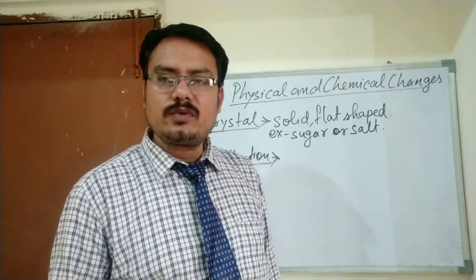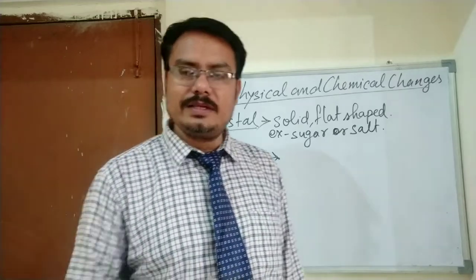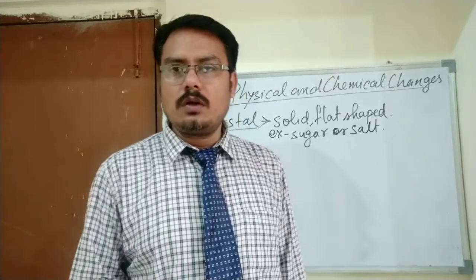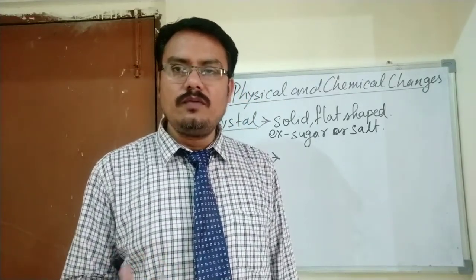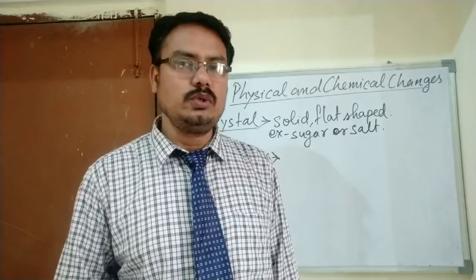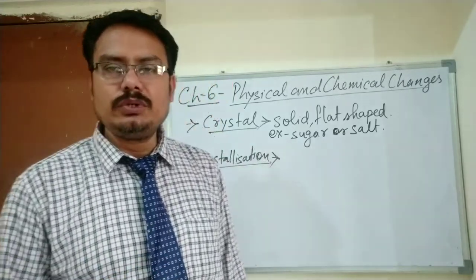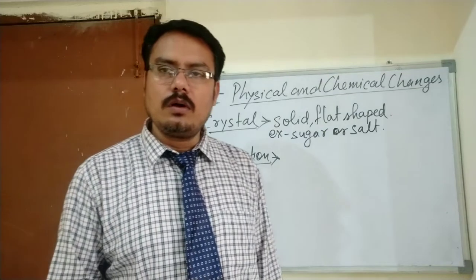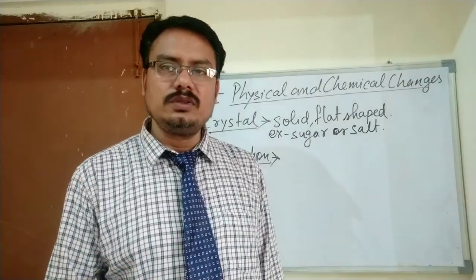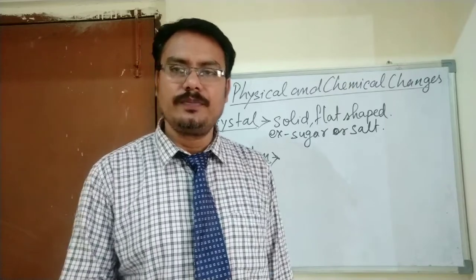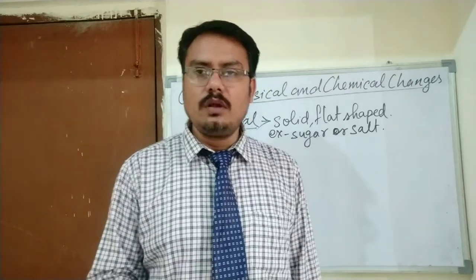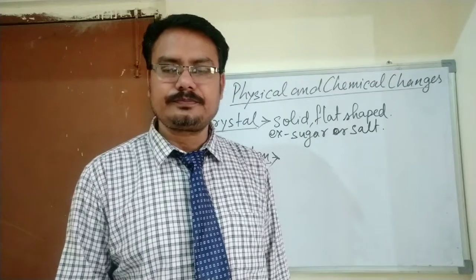A solution in which the amount of solvent is less is called a concentrated solution, and a solution in which the amount of solvent is more is called a dilute solution. So take a concentrated solution in which the amount of solvent is less.